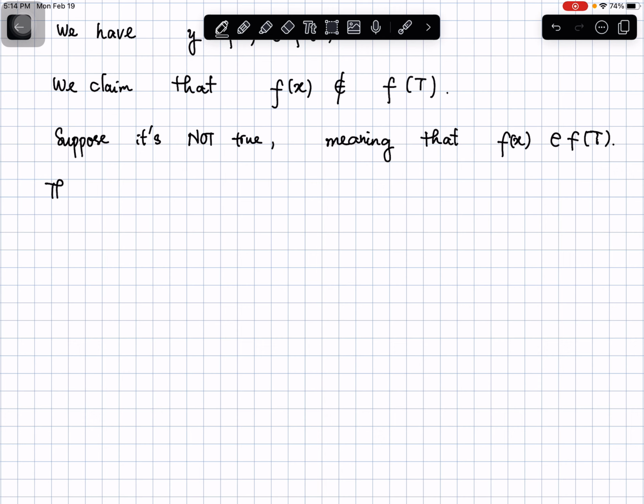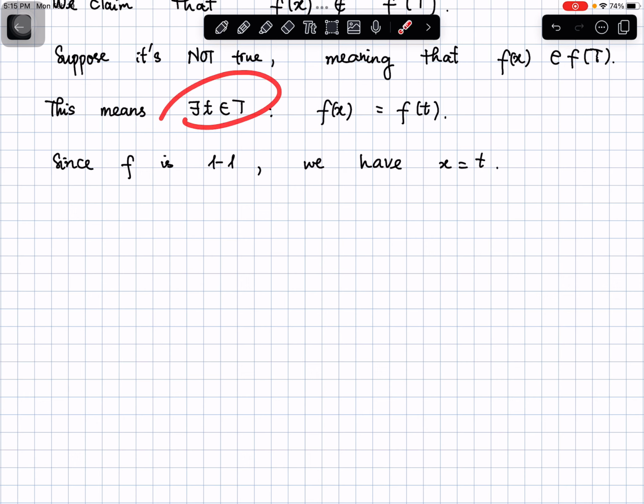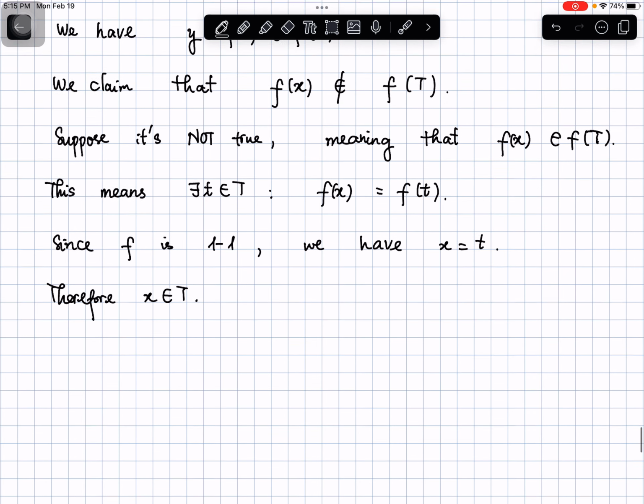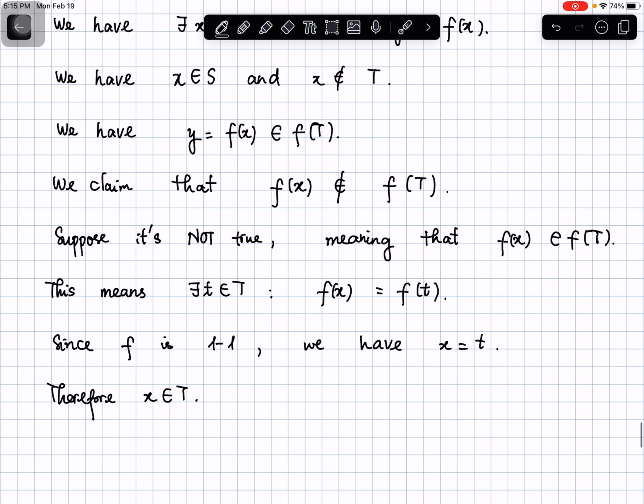This means there is some small t in big T such that f(x) is equal to f(t). Since f is one-to-one, we have x must be equal to t. But t is in T, so x must be in T, which contradicts x not in T.